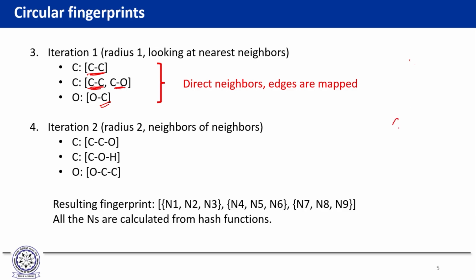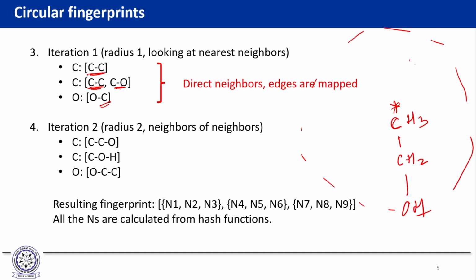So if I look at a circle of radius 2, again let's write out the ethanol molecule like this. Circle of radius 2 means I am now looking at this region. So this is my reference initially. It is simply connected to a carbon, and then that one is connected to an oxygen. So I basically have a CCO.